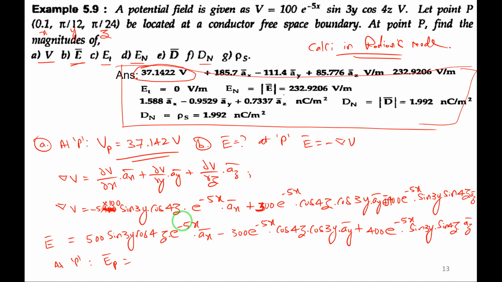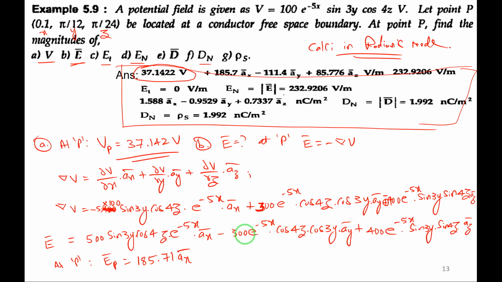So e to the power of minus 5 into x, x is 0.1. So after calculation I am getting it as 185.71 ax.